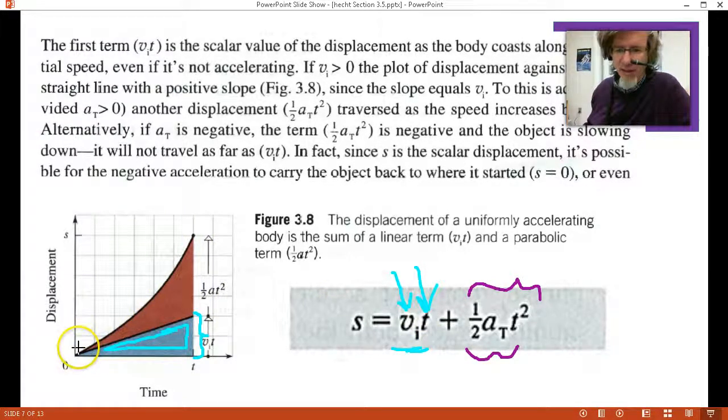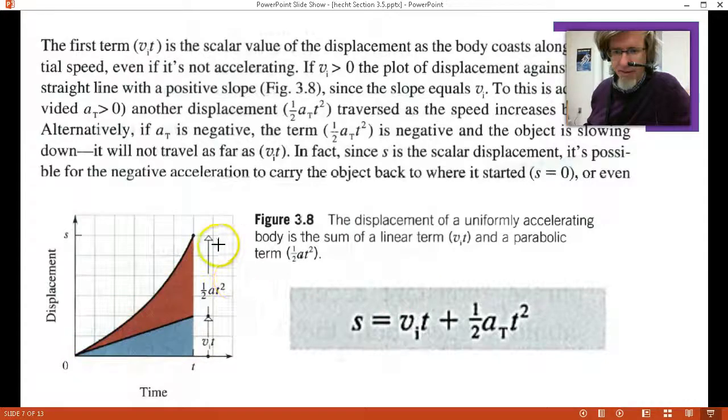So this final curve, the distance you traveled under constant acceleration, is red, the sum of blue and purple. In other words, it's a linear term, and then this quadratic term.